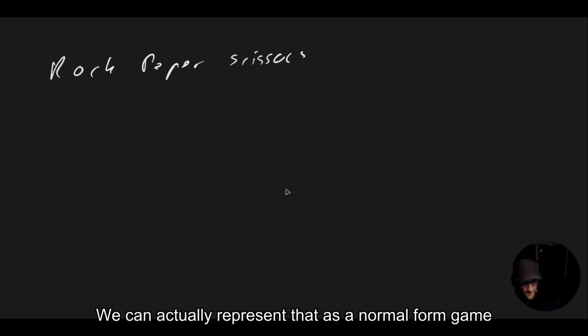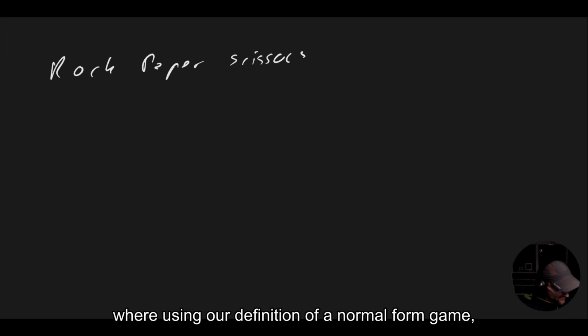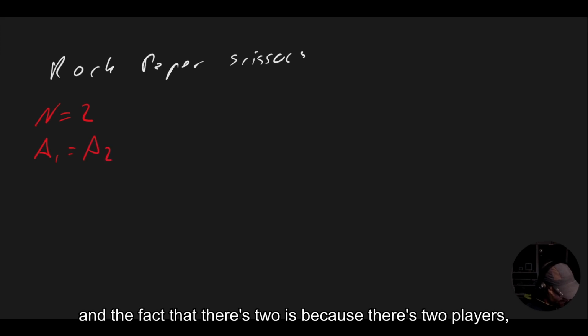We can actually represent that as a normal form game, where using our definition of a normal form game, we have n equals 2 players. The action sets are A1 and A2, and the fact that there are 2 is because there are 2 players.